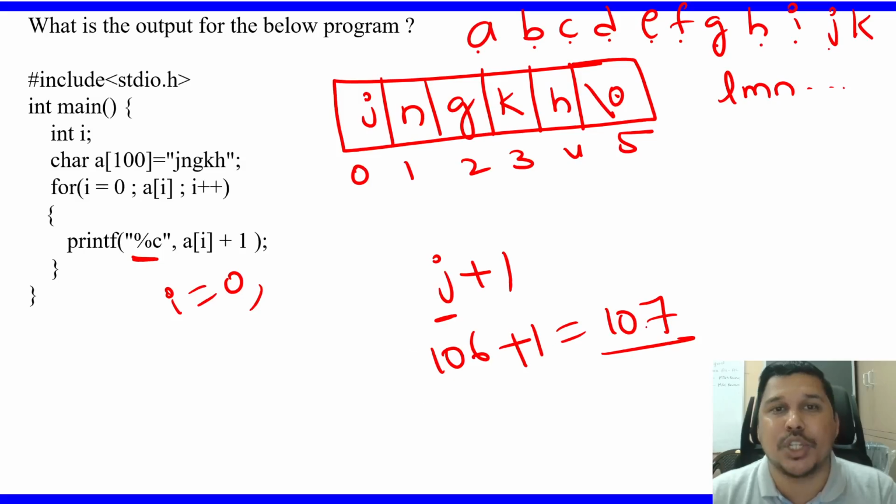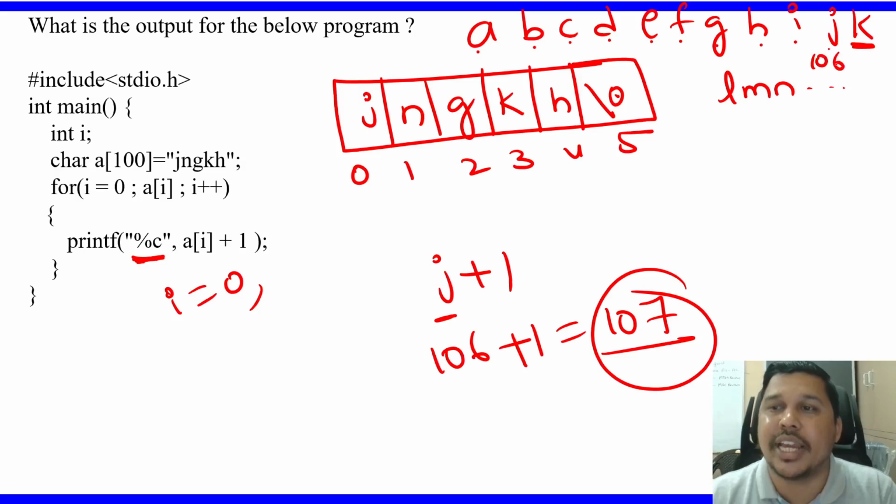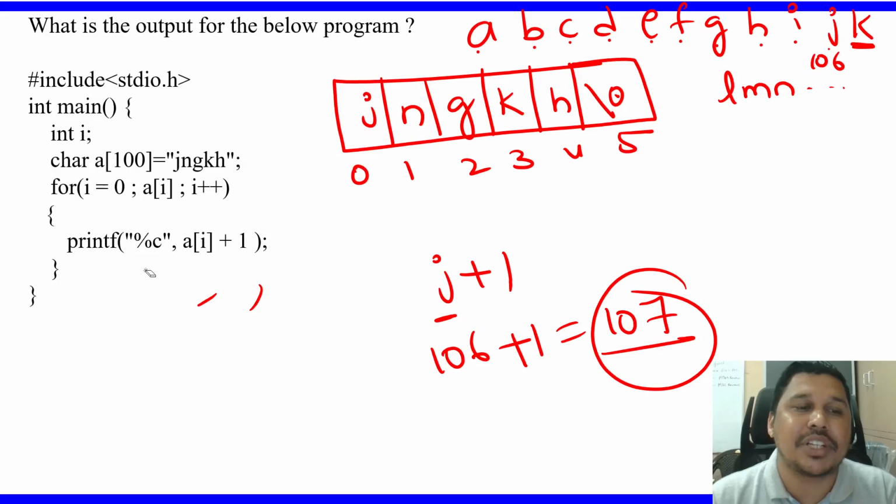This sum value is 107. But I am trying to print percentile C, meaning the corresponding character of 107. What is the corresponding character of 107? The alphabet is K. Because 106 is J, K will become 107. So it will print the first character as small k.